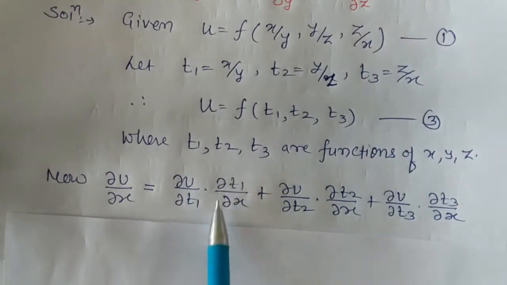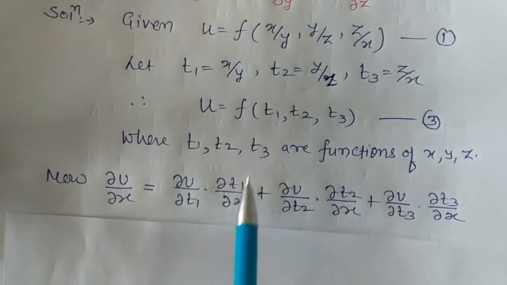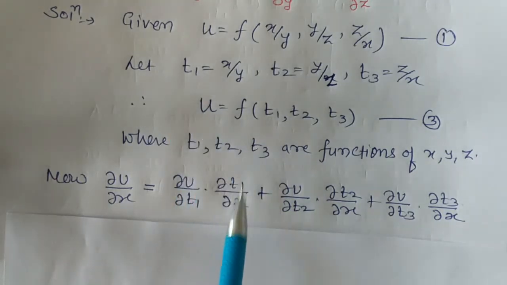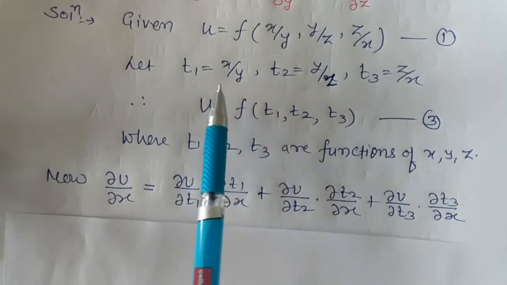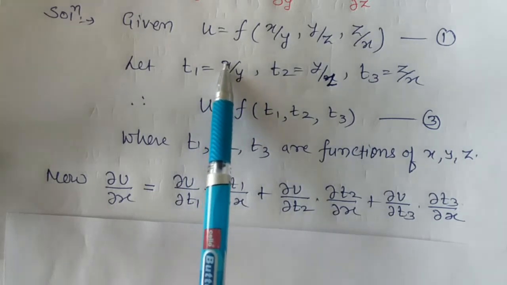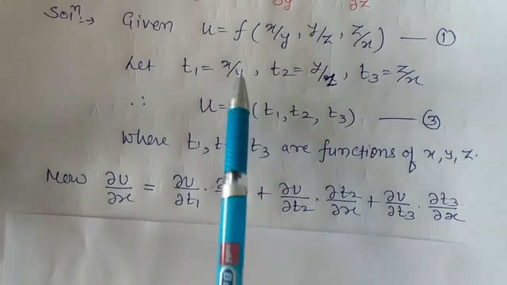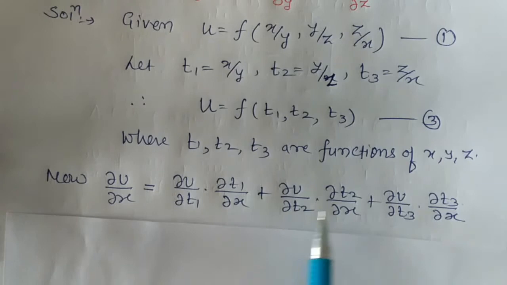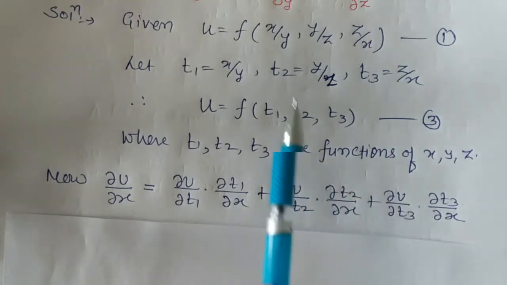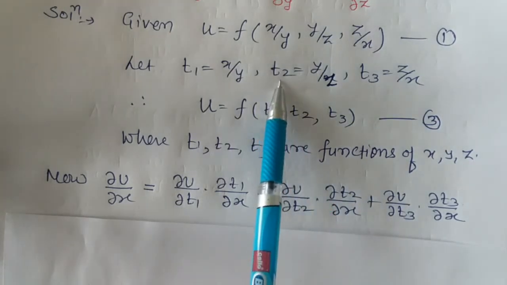Now del t1 by del x, partial differentiation of t1 with respect to x. So 1 upon y is constant with respect to x and the partial derivative of x with respect to x is 1. So we get 1 by y as the value of del t1 by del x. Del t2 by del x, partial derivative of t2 with respect to x.